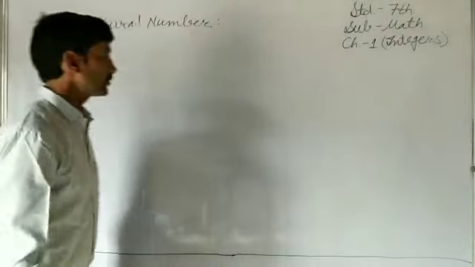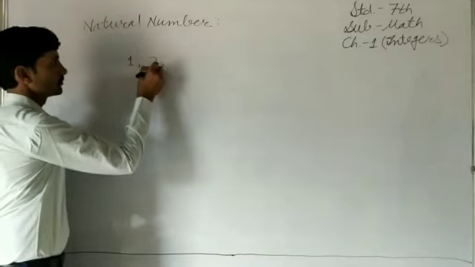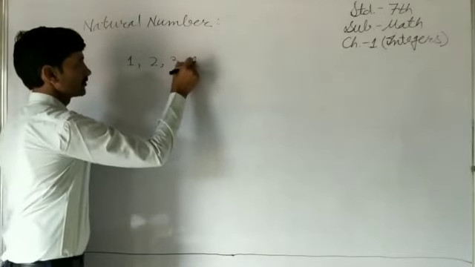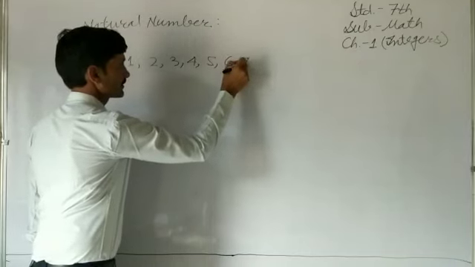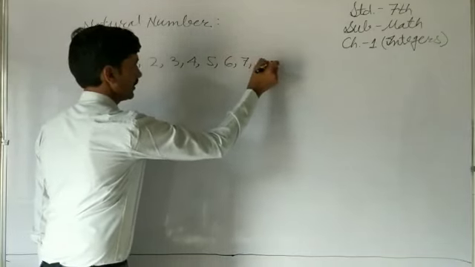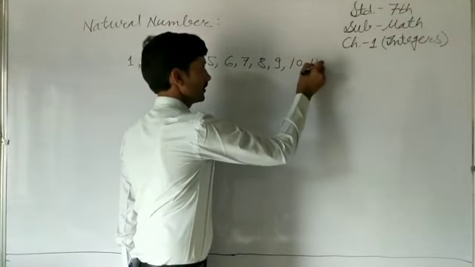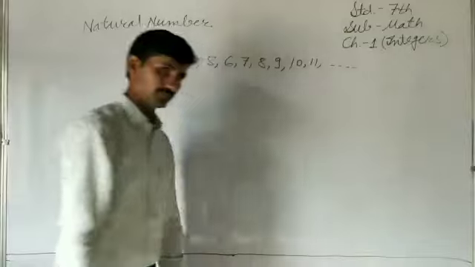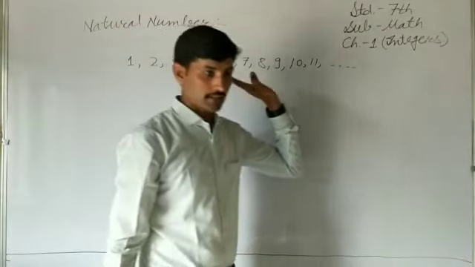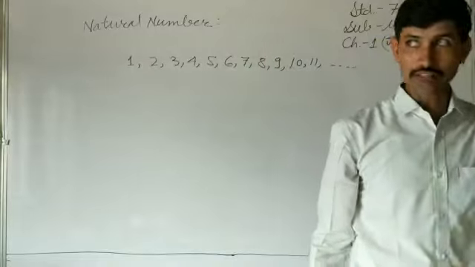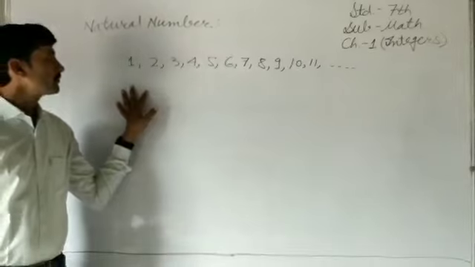As you are familiar with the numbers 1, 2, 3, 4, 5, 6, 7, 8, 9, 10, 11 and so on. You are familiar with these numbers from the earlier classes, LKG, UKG, standard 1st, 2nd and onwards. From there you know these are the numbers only.